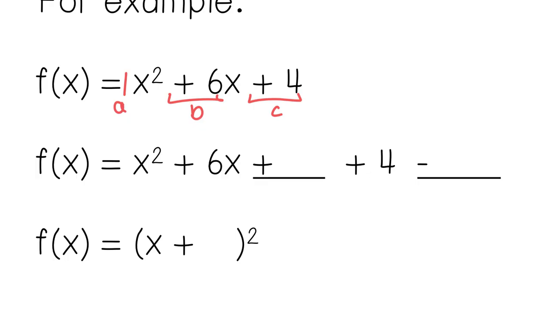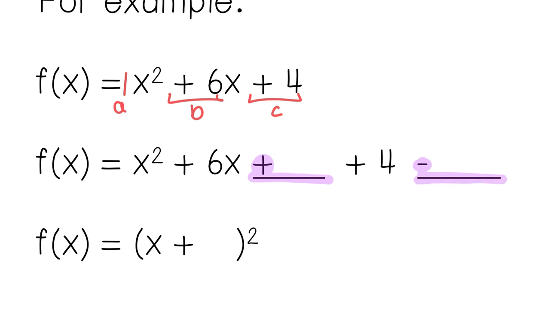I'm still using the two blanks, but a little differently. It's going to be written as x squared plus 6x plus blank plus 4 minus blank. I'm not moving anything to any side of the equal sign. All I'm doing is adding my plus and minus, and yes, it has to be plus first, then minus at the end. So highlighting what you're adding: plus blank and then minus blank.